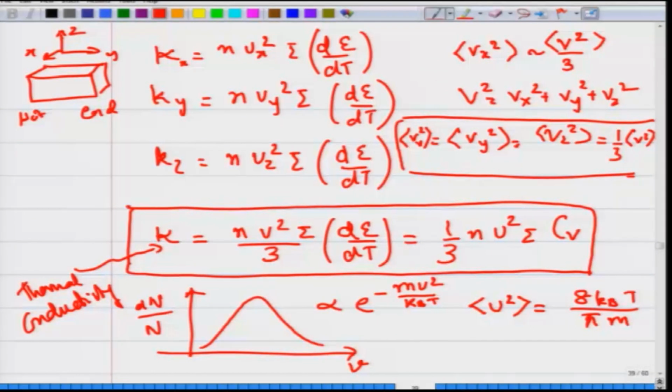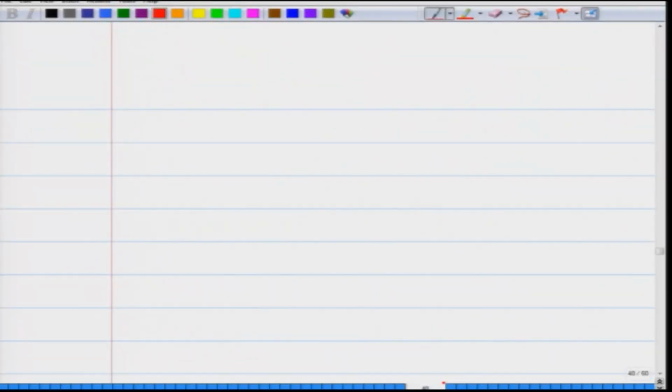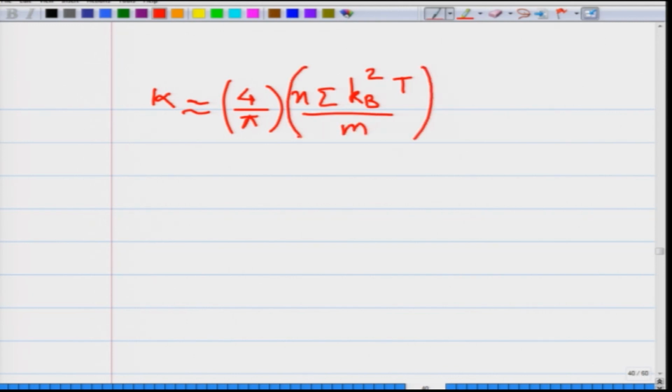So, if you now put this value into this expression and you use the specific heat for this gas as 3 by 2 kB, then you will get that the thermal conductivity was shown to be equal to 4 by pi n times tau kB square T divided by m, where we have just put in from kinetic theory the velocity distribution that one can calculate from the Maxwellian distribution, and the specific heat, which we also know how to calculate for an ideal gas of electrons, and these were the assumptions of the Drude's theory.